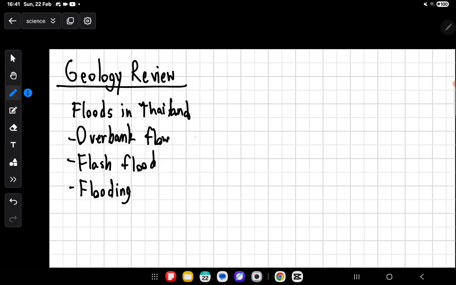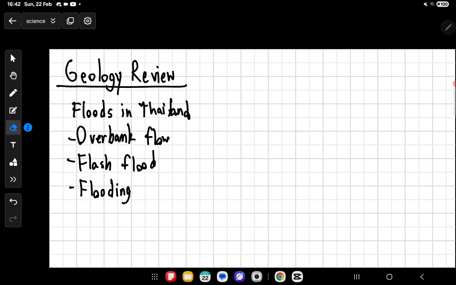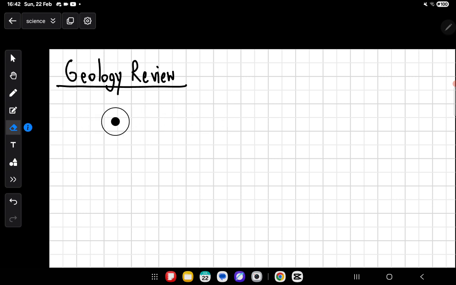An overbank flow means it's flowing from a water source. The irregular flooding means it will happen in a city. So imagine these are the barriers that are trying to prevent the flooding. And then this is the water that seeps in. And that is how flooding happens. So those are the types of floods in Thailand.